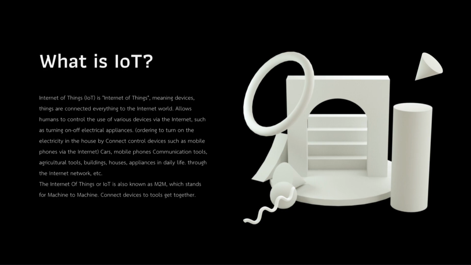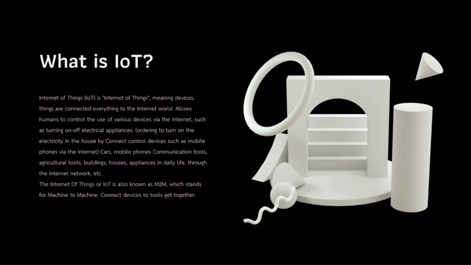Cars, mobile phones, communication tools, agricultural tools, buildings, houses, and appliances in daily life are connected to the Internet network and more. The Internet of Things or IoT is also known as M2M, which stands for machine-to-machine, connecting devices to get together.